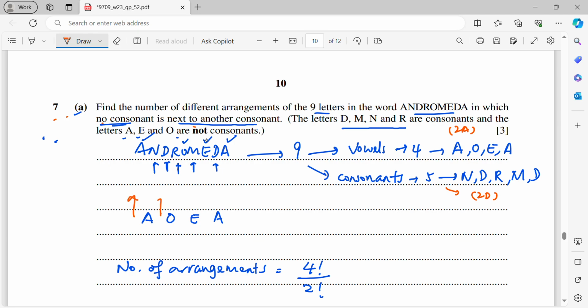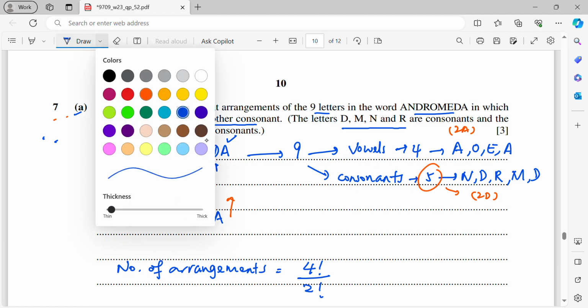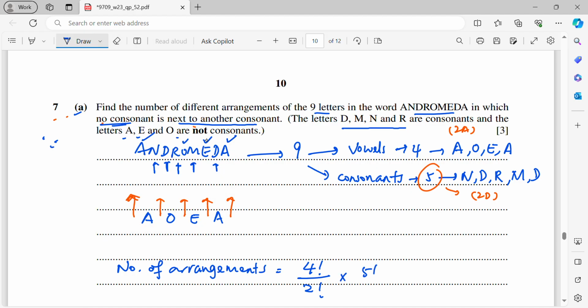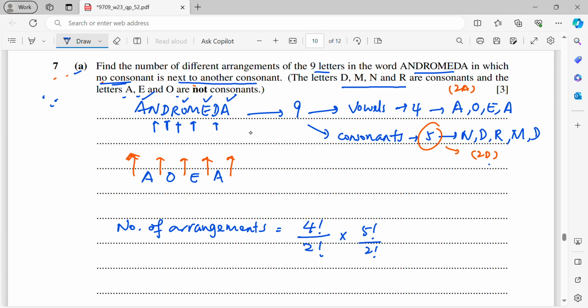So the only way is your consonants will be taking the arrow spaces, the arrow slots. So it means that there will be 5 slots for 5 consonants here. So then I will write times 5 factorial. But when you just write 5 factorial, that means you are given 5 different consonants. But now we have 2 D's here, so divide by 2 factorial. Whenever repeating, then you must divide by the factorial. Then this is going to be 720. So we have 720 ways to arrange the 9 letters that satisfy this condition.